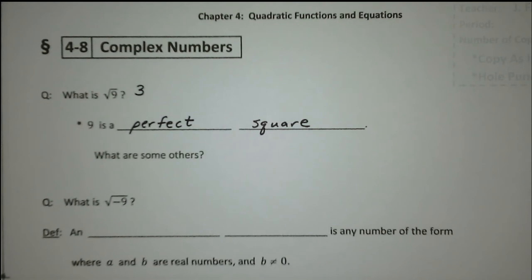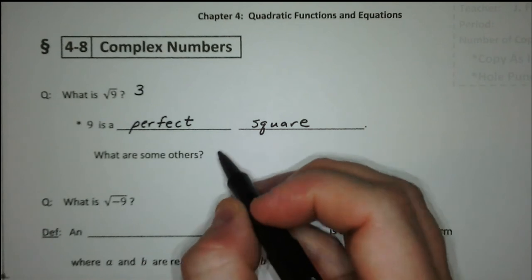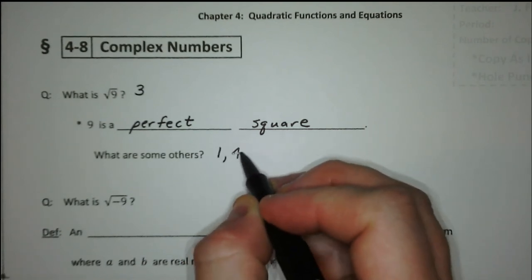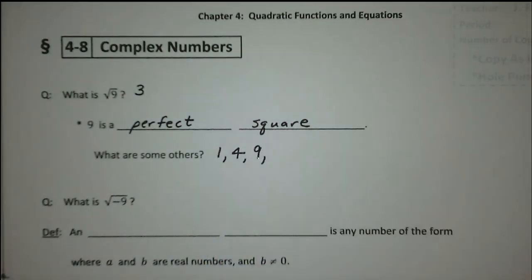We've been hitting on that a little bit, almost indirectly, as we've done recent lessons. What are some other perfect squares? What are some other numbers you can take a nice square root of? Well, I'll just list them in order. 1 is a perfect square. 4 would be the next one, followed by 9.